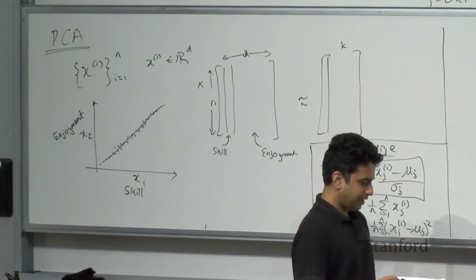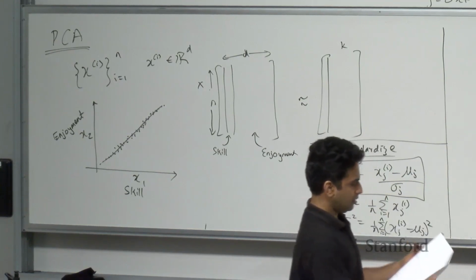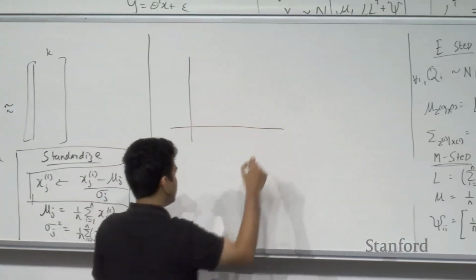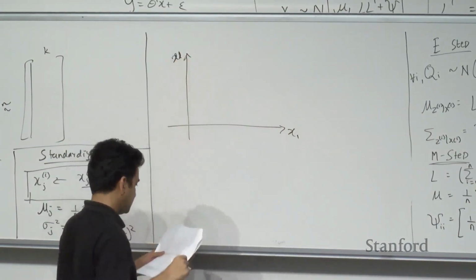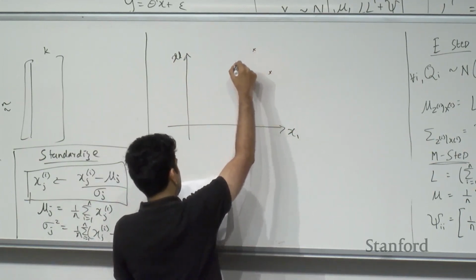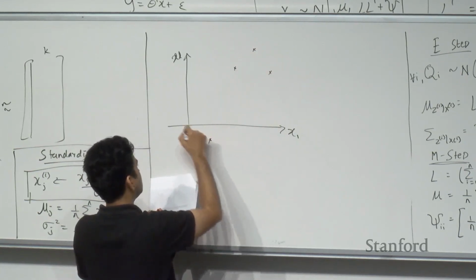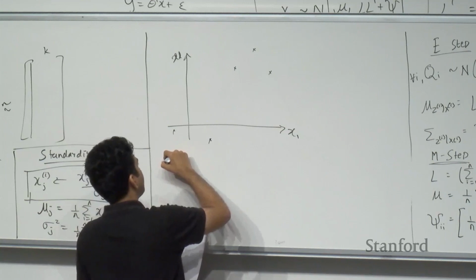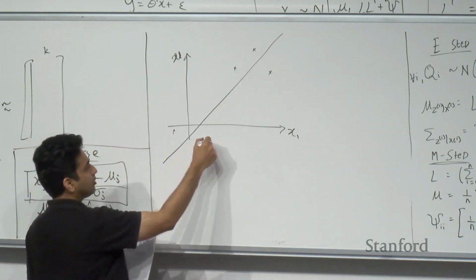And once we do that, the way we want to find the underlying subspace is like this. Let's assume this is x1, xd, and we could try to find a subspace here and project all our points onto the subspace.